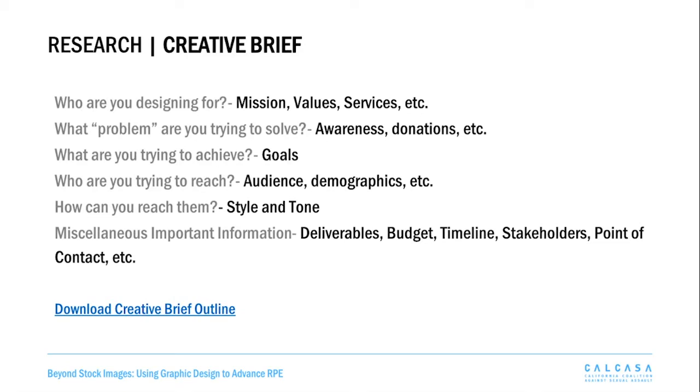To go through these a little bit more, for who I'm designing for, I usually like to look at either the organization or the project and see what their mission is, what their values are, really an overall view of what they are. And then with that, I go specifically into the project and the problem they are trying to solve.